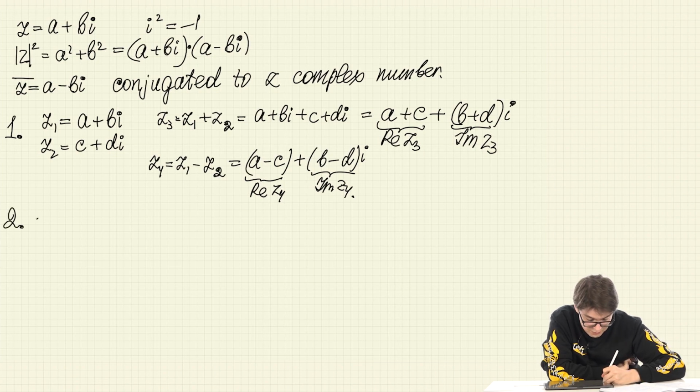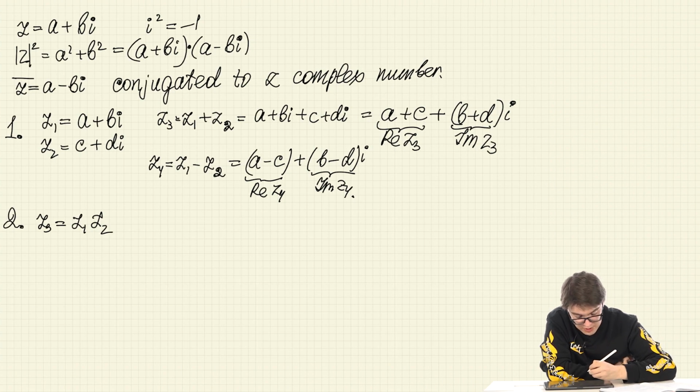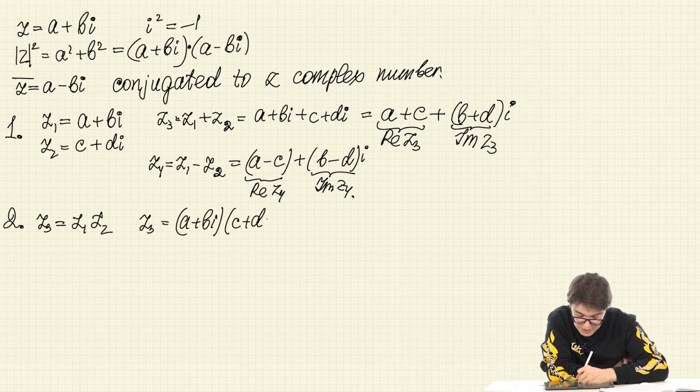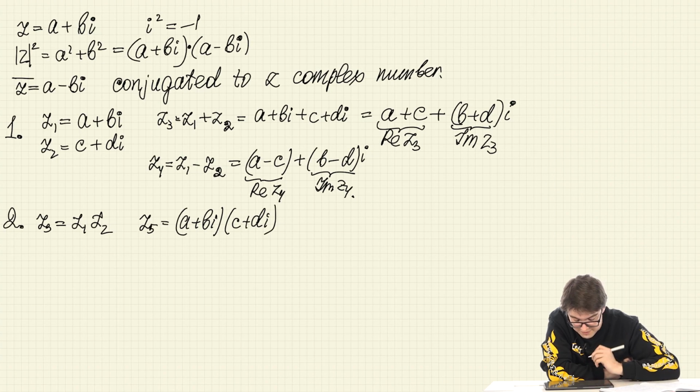Multiplication of complex numbers is also as easy as pie. So you can write a plus bi times c plus di, oh sorry, this is z5, yeah.